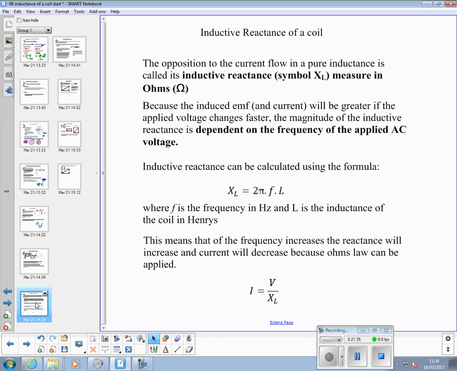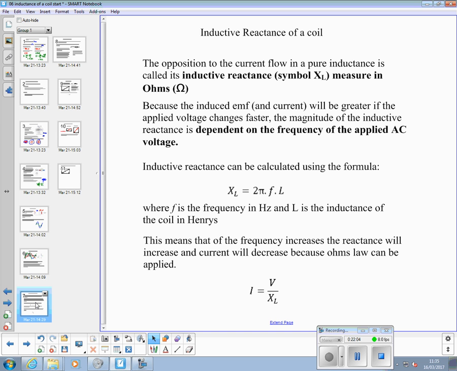So, the inductive reactance of a coil. So if this phenomenon of induced voltage and current is going to hold back current in a circuit, that's an opposition to current flow. It's called the inductive reactance of that inductor.